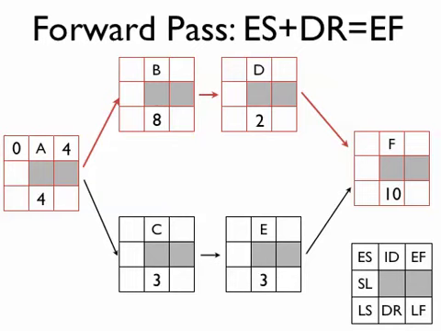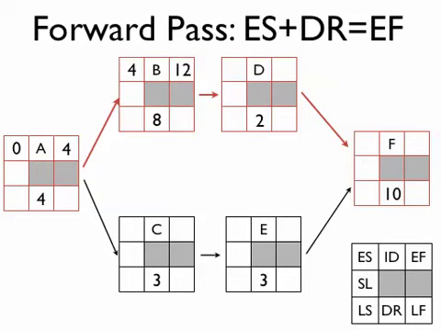What we're going to do then for task B and C is carry the value of 4 into those other tasks. We're going to take the early finish from A and make that the early start for B and for C. So in B here we have 4 as our early start plus a duration of 8.